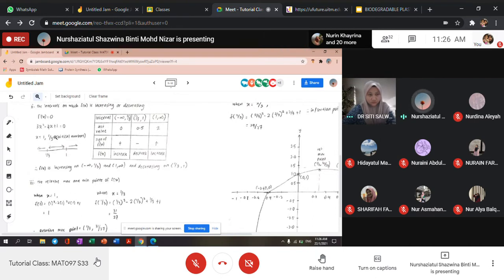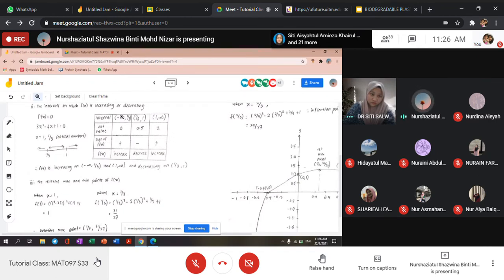And then we have to construct a table to analyze and determine on which f(x) is increasing or decreasing. We also have to examine the behavior of gradient if value x is lesser than 1 over 3, or it is between 1 over 3 and 1, or it is greater than 1.